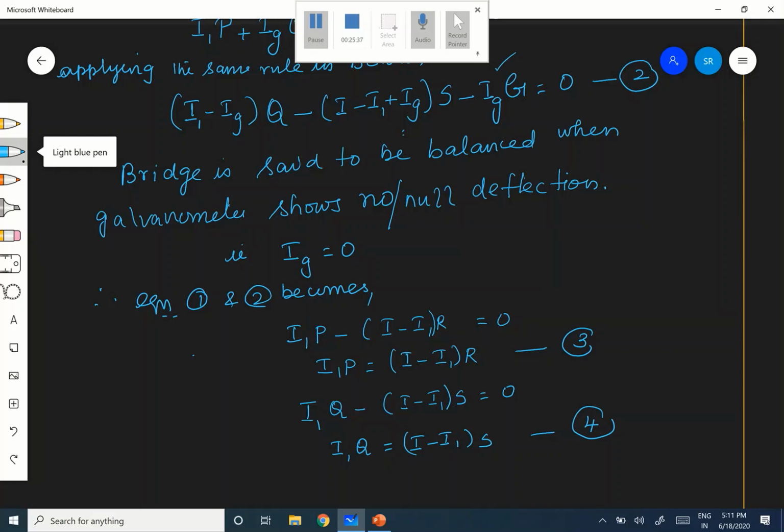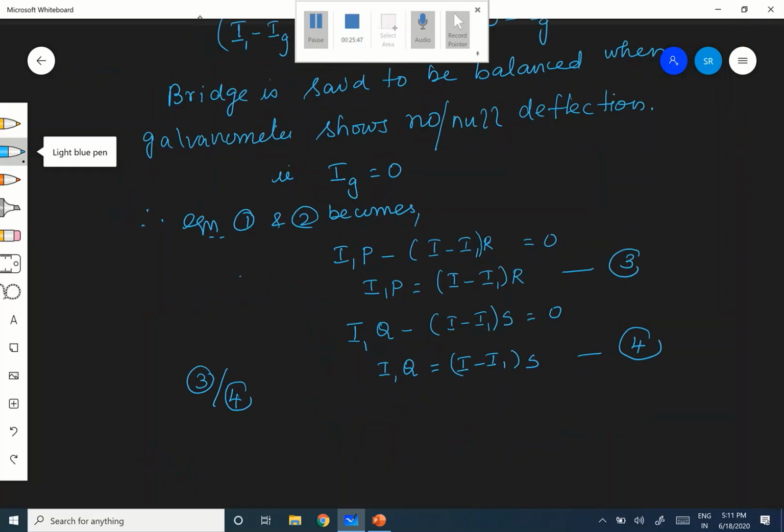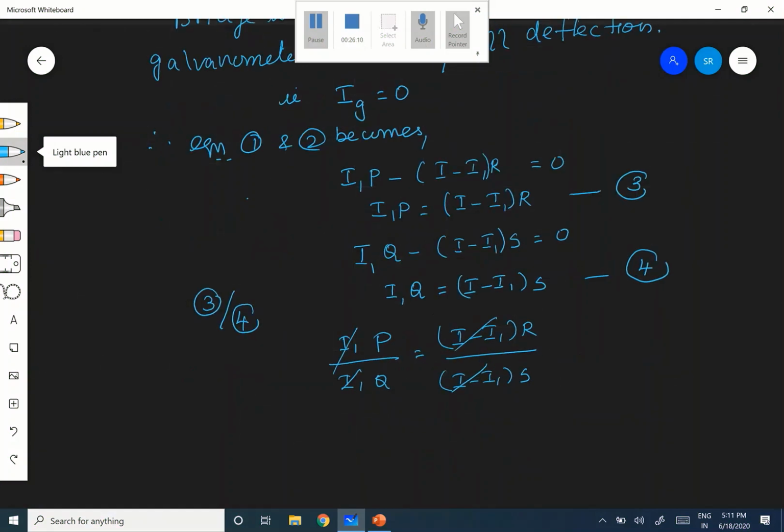Now, very simple. Take equation 3 by 4. Doing equation 3 by 4, you will get I1P divided by I1Q equal to (I minus I1) into R divided by (I minus I1) into S. Therefore, you get the required condition: P by Q equal to R by S. This is the required balancing condition for Wheatstone's bridge.